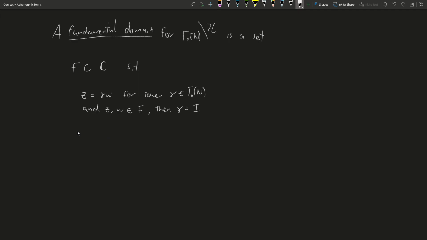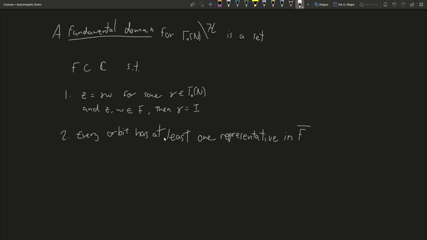And then condition 2 is that every orbit has at least one representative in the closure of F, in the usual topology in C, but it's not super important. And of course, because of condition 1, really we're saying that it has exactly one representative.